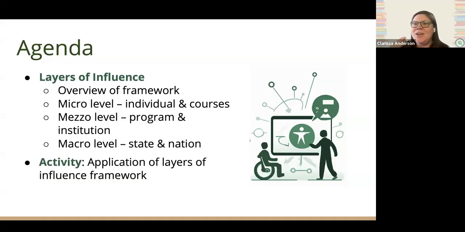While I say we're going to talk about how we're going to influence things at our institution, all of these really work together to affect that change. We'll also have an activity, so please stick around for that because it will be related to the assessment, in terms of how we apply this framework to our own work and our own lives as well.